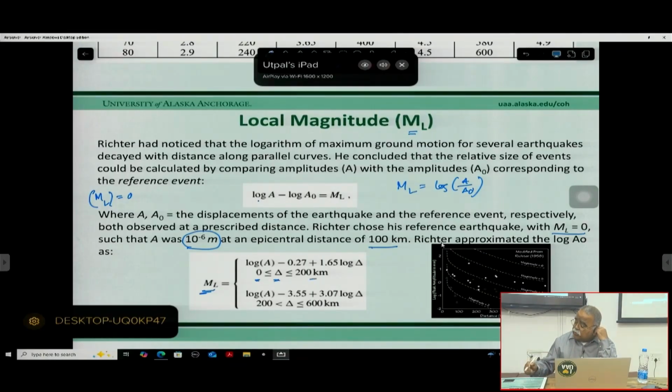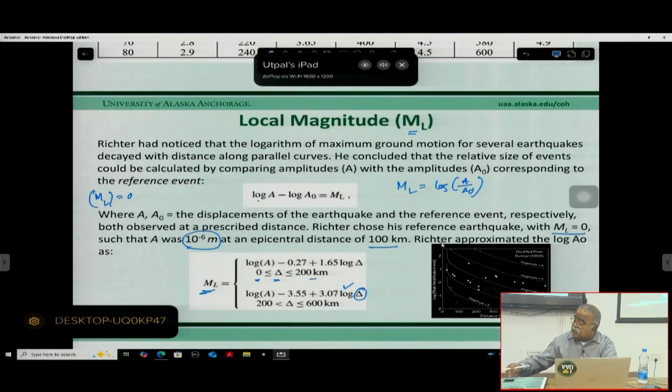And he also said that beyond 200, we should use this formula for the different delta values, and log A will be equal to, so A you measured, I think A will be measured on the millimeter scale, and then we can calculate the magnitude.